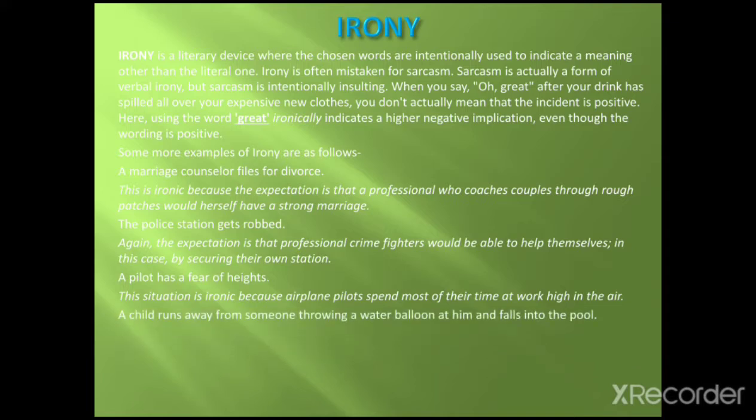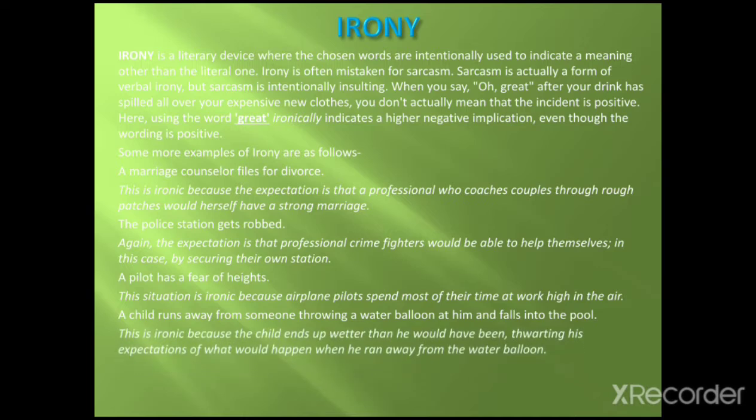A child runs away from someone throwing a water balloon at him and falls into the pool. This is ironic because the child ends up wetter than he would have been, thwarting his expectations of what would happen when he ran away from the water balloon.